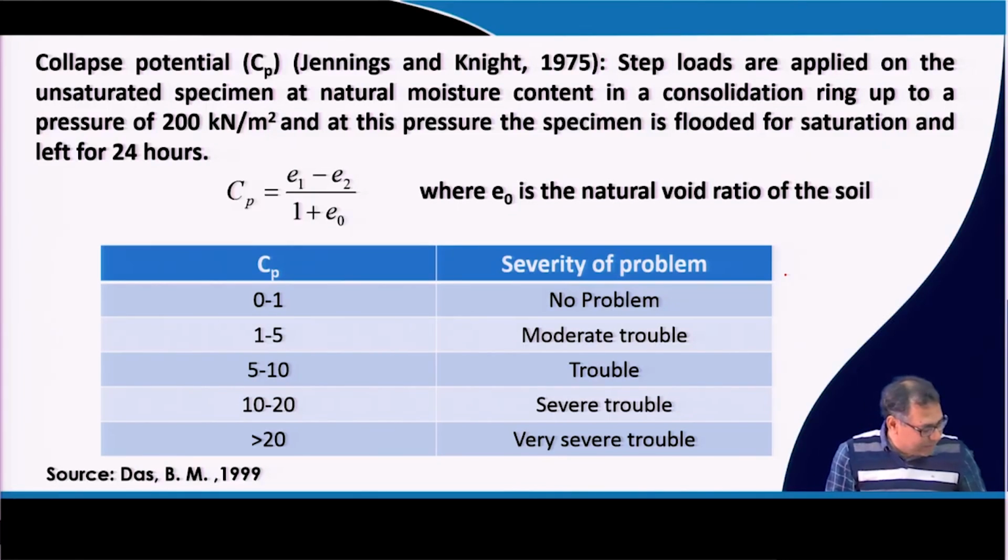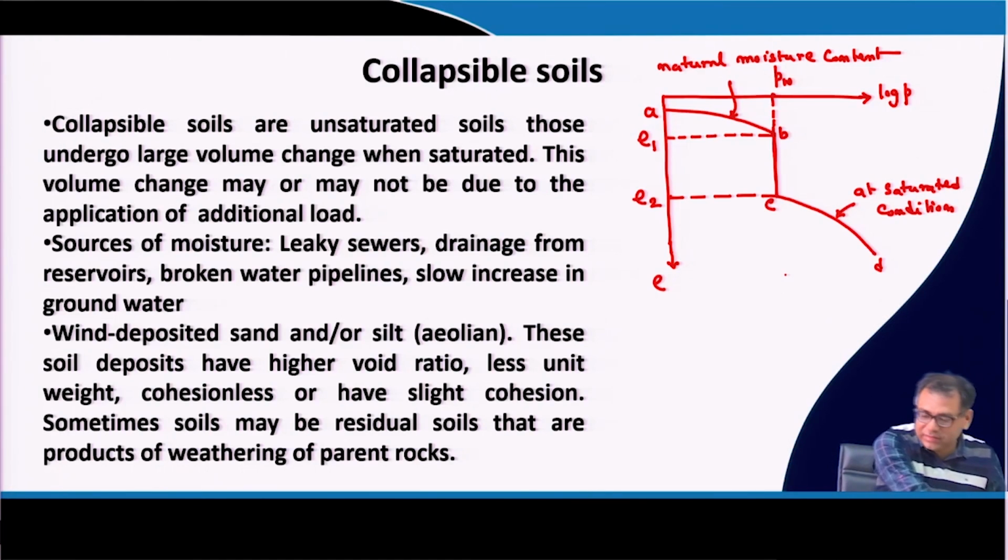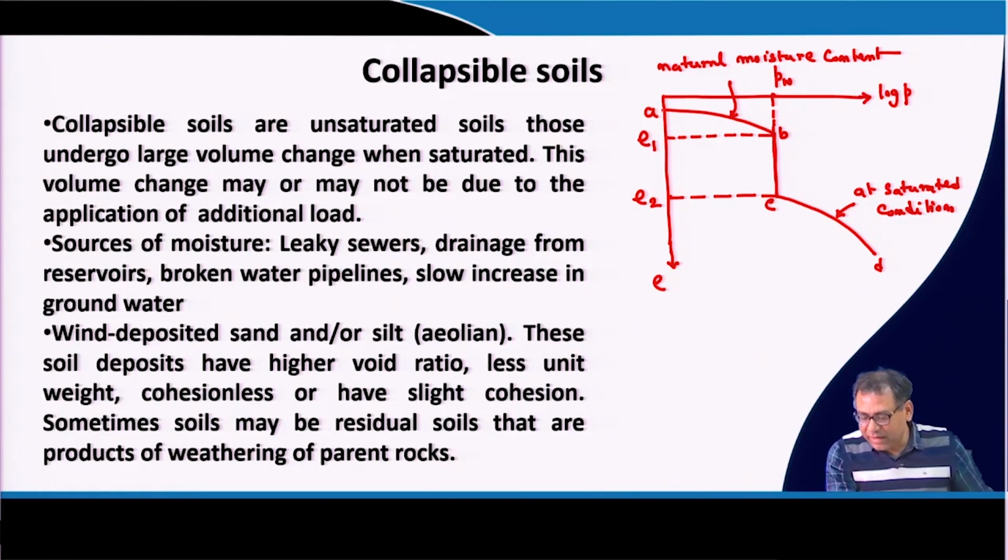So, here it will follow the same path. That means, from A to B, the stress applied at point B will be 200 kPa, and from A to B it will follow the path for the unsaturated condition, or natural moisture content condition.